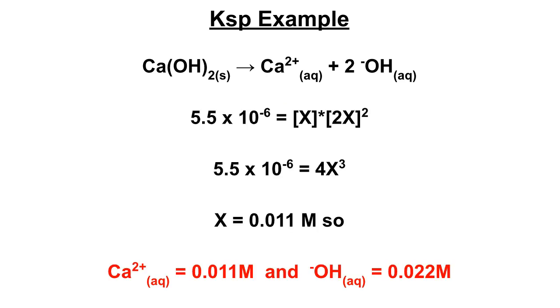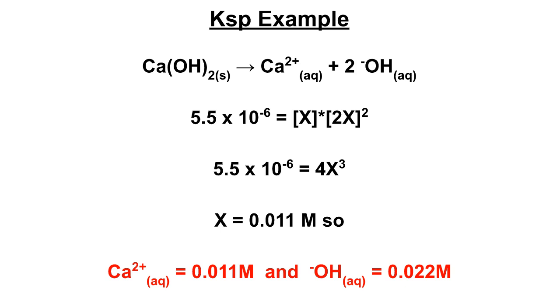Now we know what the KSP is, so we want to set the KSP equal to this and solve for x. So we take 5.5 times 10 to the minus 6, that came from the problem, all right? And you're going to combine this, simplify it, and solve for x. So x times 2x squared becomes 4x to the third, all right?